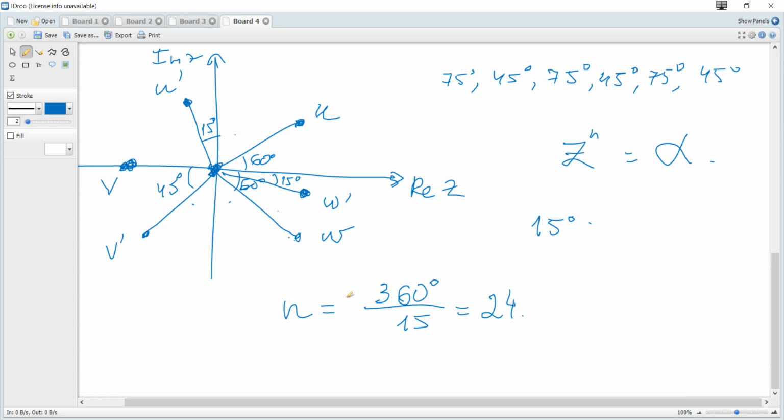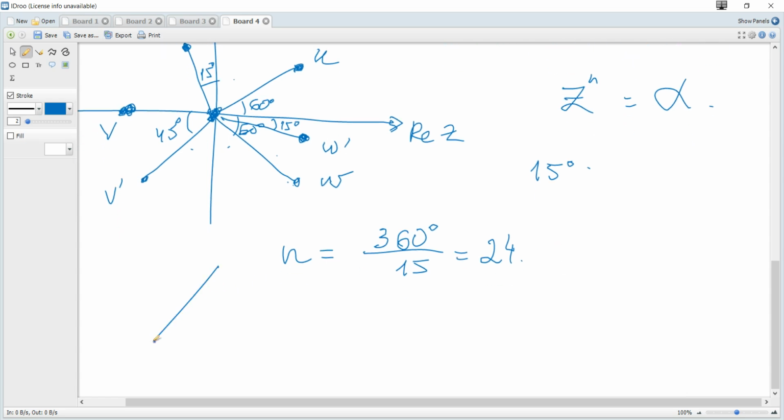So z to the power 24 has 24 roots, and the angle between consecutive roots is 15 degrees.